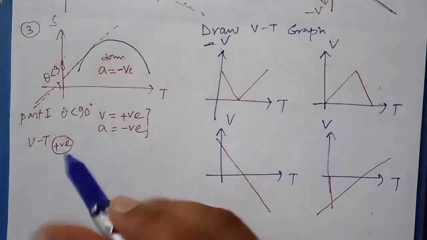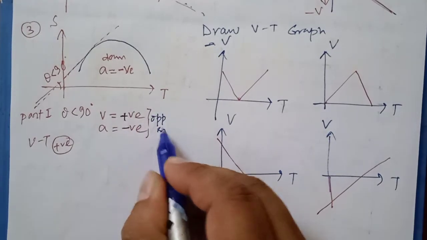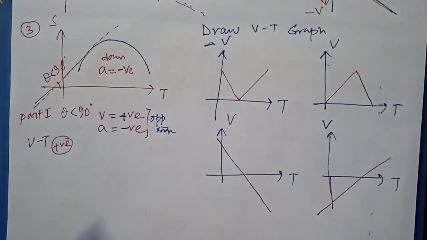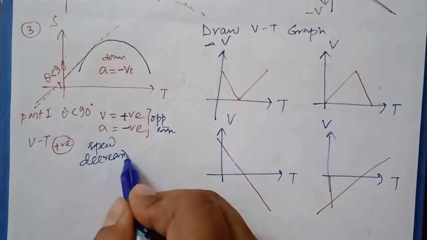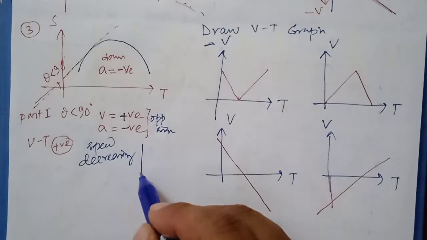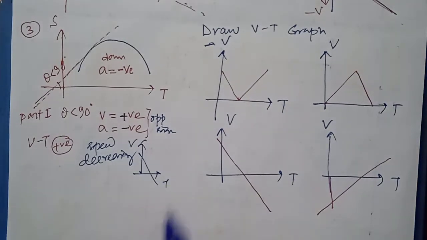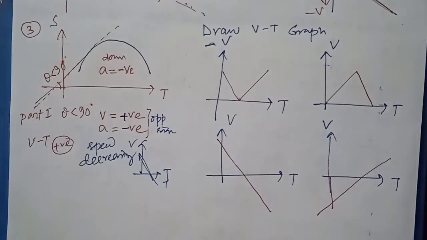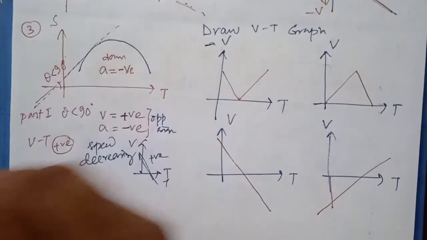V positive, A negative means opposite sign. Opposite sign means velocity, speed, is decreasing. So the VT graph slope is decreasing, and it is in the positive quadrant. This is part 1.